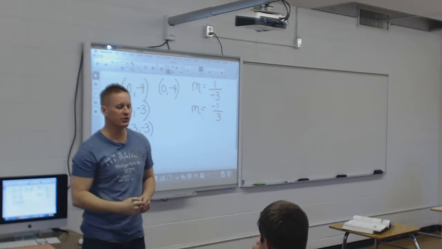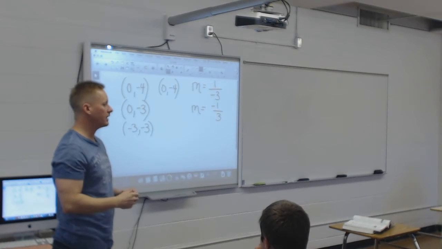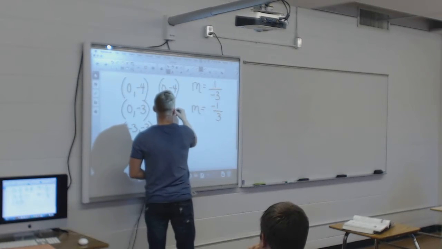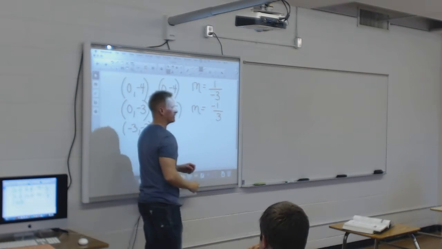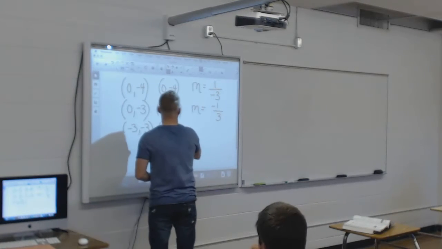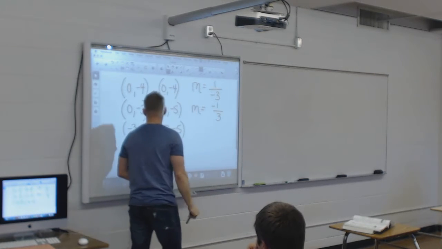Which direction am I going now on my rise? Down 1. Where does it take me to? So my new coordinate is 0 and -5. And then which way am I going? 3, right? So it is 3, -5.